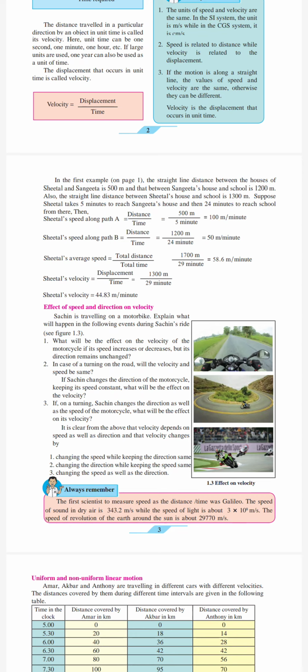Now, in the case of speed and velocity, you will see the difference. In the case of speed it is 58.6 meters per minute, but in the case of velocity it is 44.83 meters per minute. This is the difference between velocity and speed.